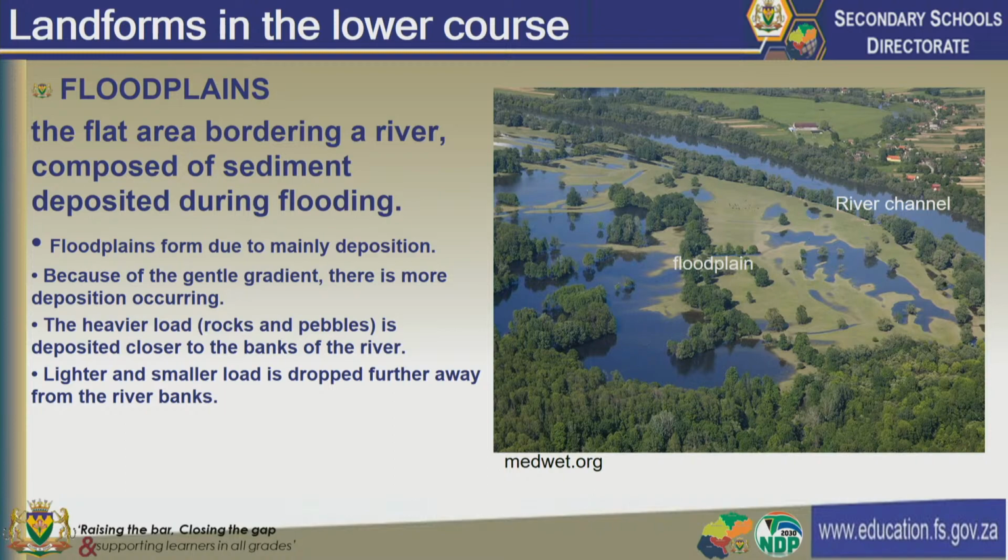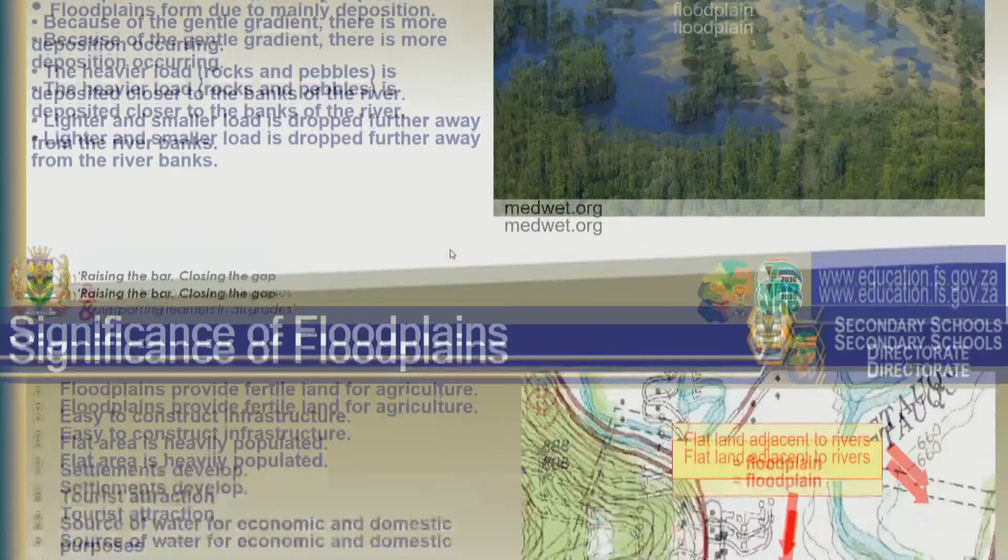We are saying that along the floodplain, heavier material is deposited closer to the river banks, and then the lighter material, the soil, the dust particles, is taken further away. Very important, because as we move on, we're going to talk about it again. This statement results in some of the landforms that we need to discuss.